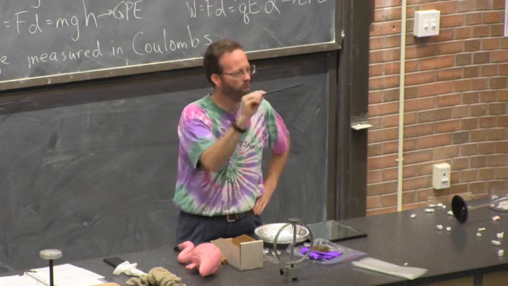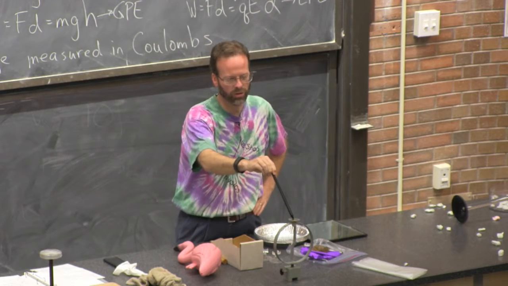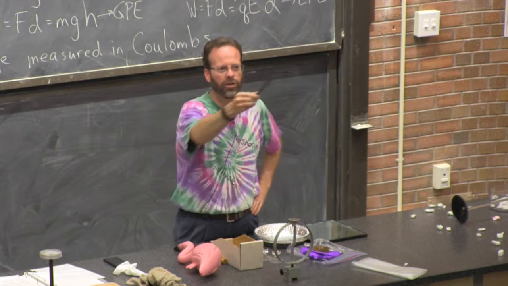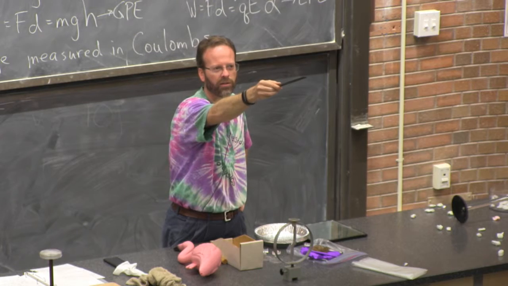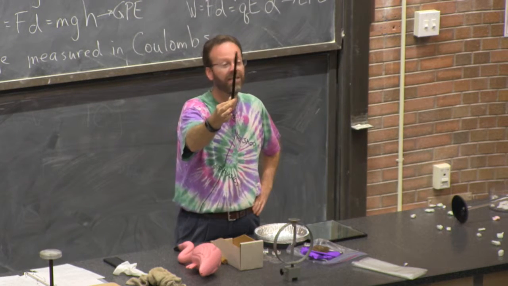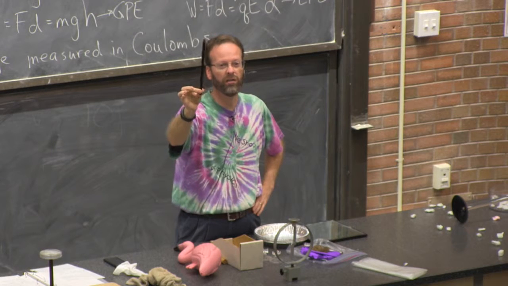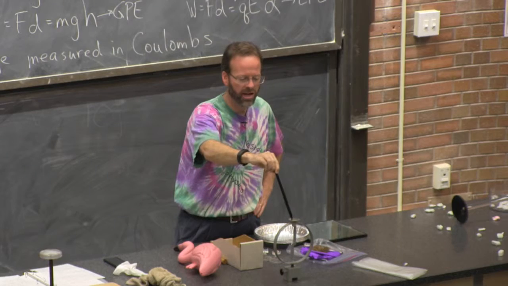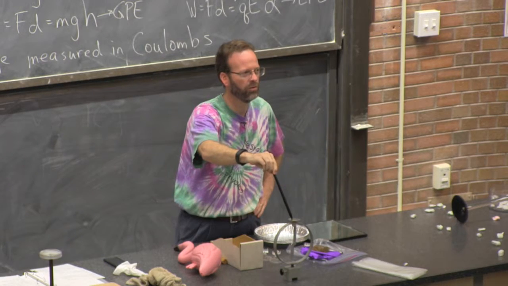But why? You should know why this doesn't work. Is this a conductor or an insulator, do you think? Insulator. So can the charges move on it? No. So when I make physical contact, what charges are being transferred?